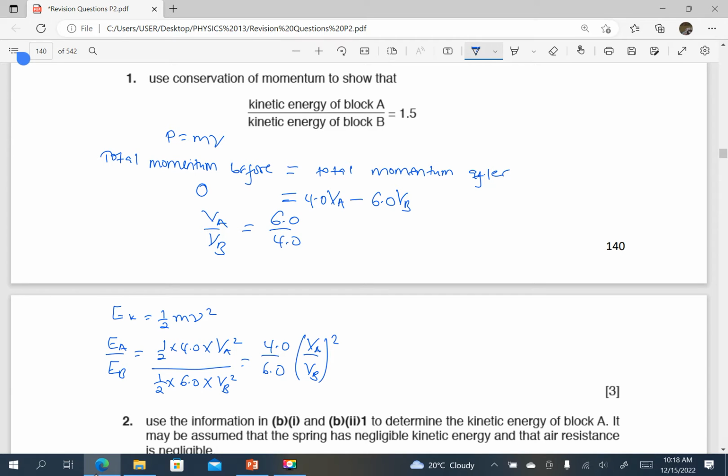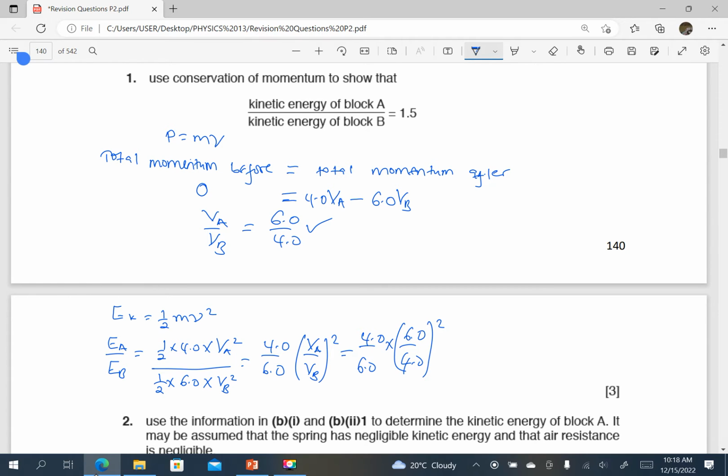And we have, in the previous part, that VA over VB is 6.0 over 4.0. So this will be equal to 4.0 divided by 6.0 times 6.0 over 4.0, and this is squared.